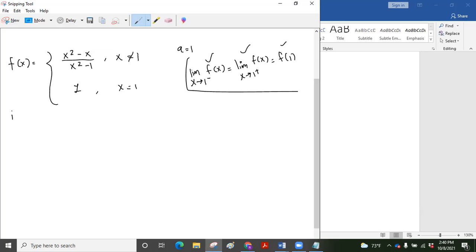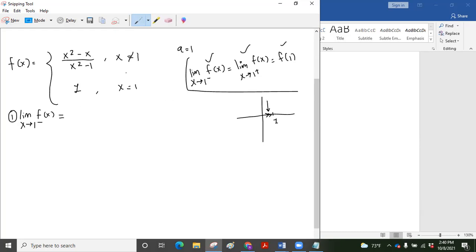So first, let me check the limit as x approaches 1 from the left of f of x. If I'm approaching 1 from the left, I'm coming from this way, which means all those values are not equal to 1.